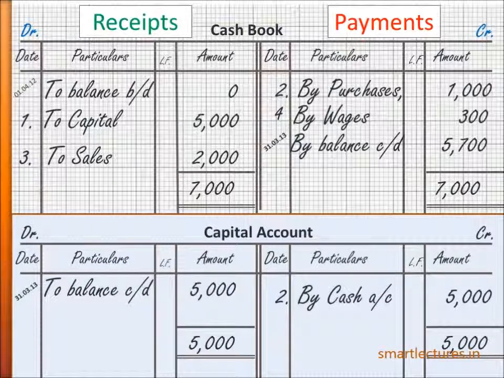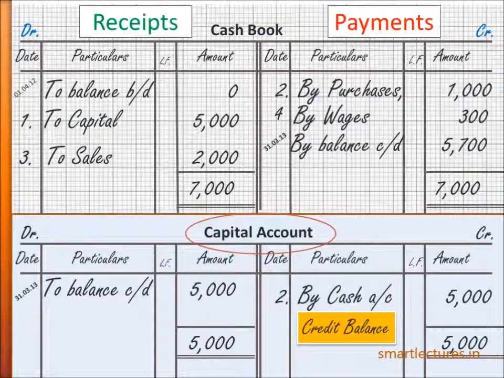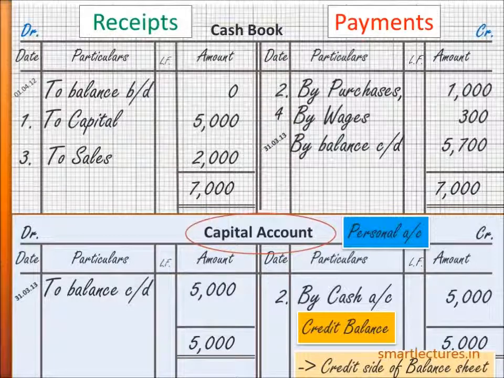Be careful. The capital account always carries credit balance. It's an owner's account. So it's a personal account, and all personal accounts go to balance sheet because it's carrying credit balance. So it will go to the credit side of balance sheet.